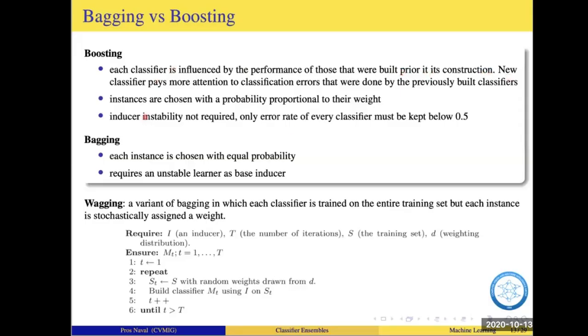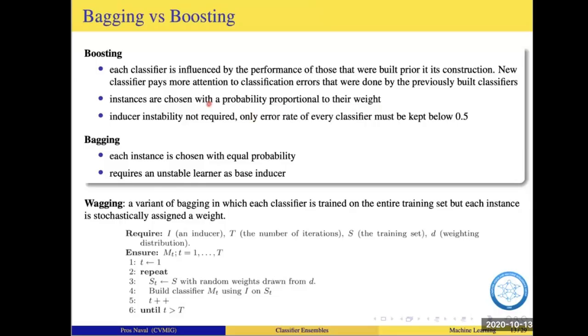Remember, the data manipulator for the second iteration is actually taking in as inputs the misclassifications of the previous iteration, so that the new classifier can pay more attention to the classification errors that were made by the previously built classifiers. That's boosting. Also for boosting, the instances are chosen with probability proportional to their weight.